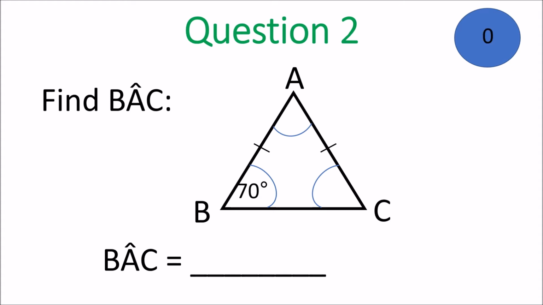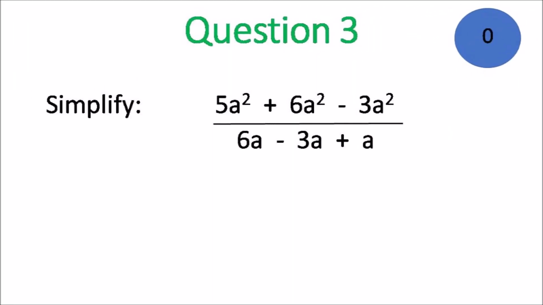Done? Yes. Question 3. Simplify. This is algebra. 5a squared plus 6a squared minus 3a squared all over 6a minus 3a plus a. Simplify it, and the timer is off and running. Basic algebra for you.